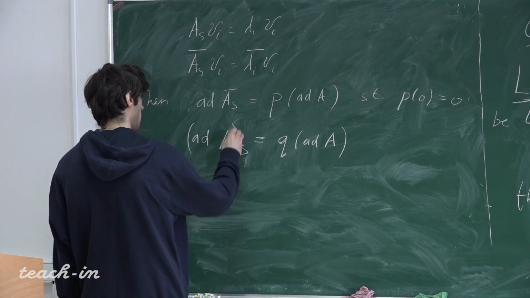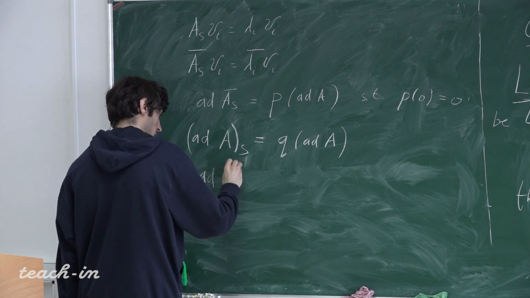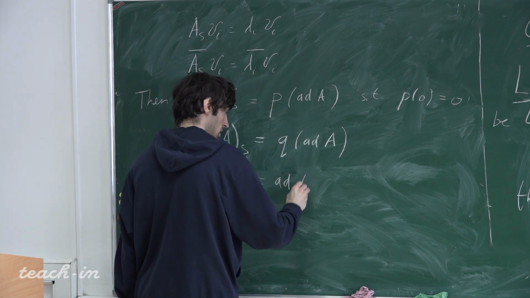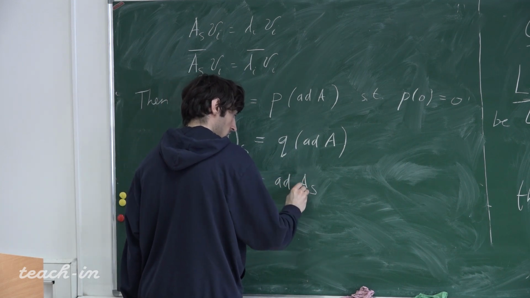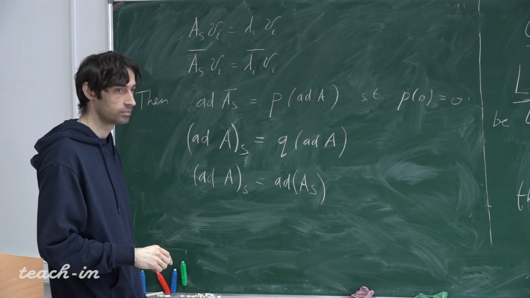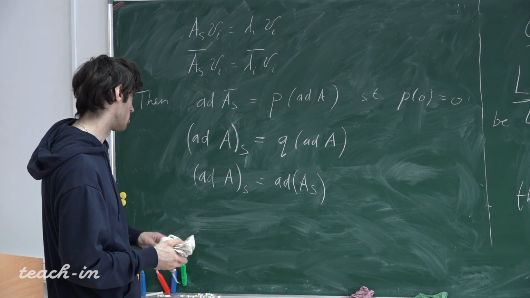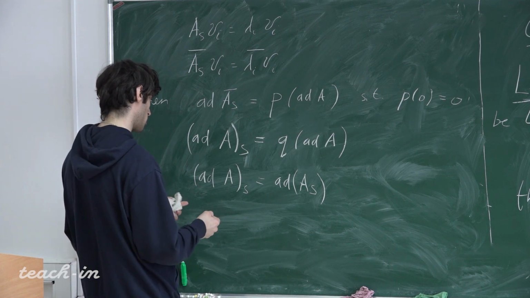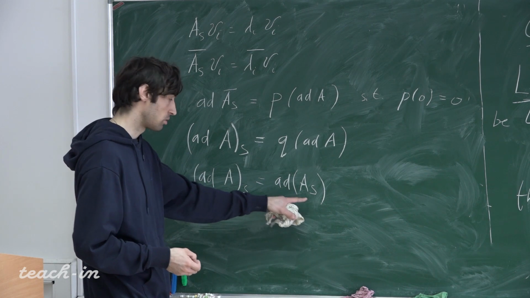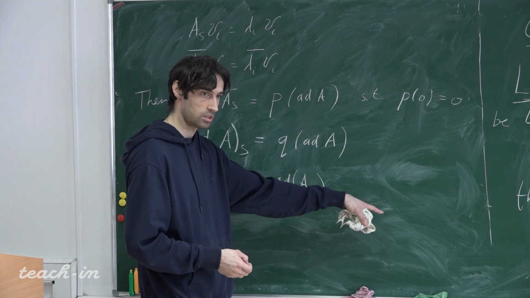All right. On the other hand, this thing is ad AS. Well, just because the nilpotent part is the ad of the corresponding nilpotent part. You can check that this is diagonalizable and ad of AN is nilpotent.